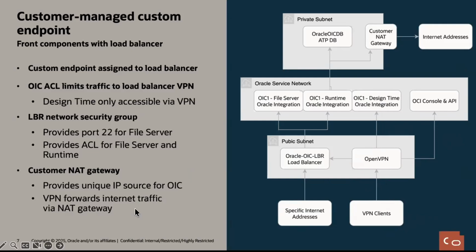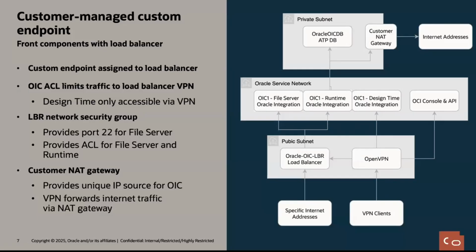So the key thing is that we're routing traffic to a public IP address over a secure connection. That could be Fast Connect, it could be a VPN. And then we only allow access to the design time and the runtime from this particular VCN network.